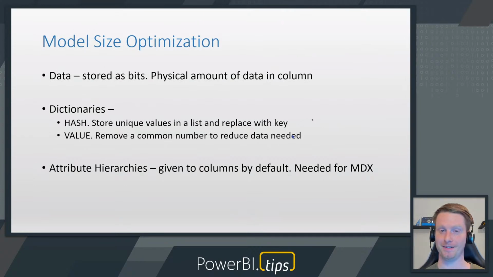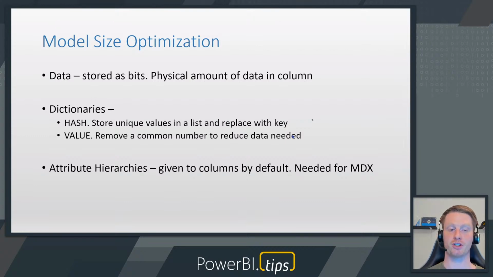So let's give a summarization here. I'm not sure if we have any questions as well, but we have the data. That's the physical amount of the data in the column, and this can be different per column. Then we have the dictionaries. We can store unique values and replace them with a key.